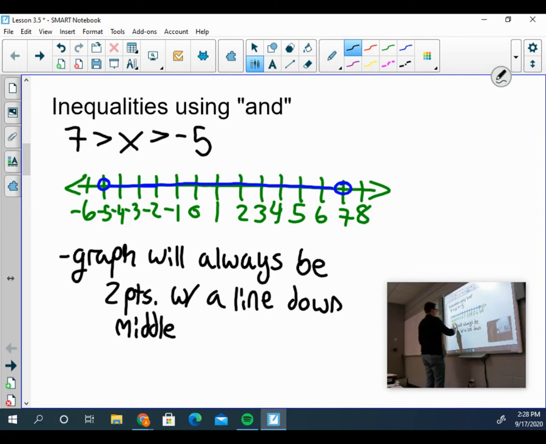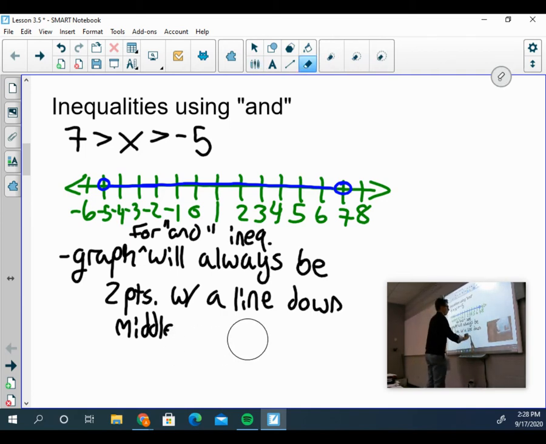And that's for the graph for and inequalities. Again, this is all about ands. You don't have to write this part down, though, with the caret. But if you forgot, the graph for and inequalities will always be 2 points with a line down the middle of the two.